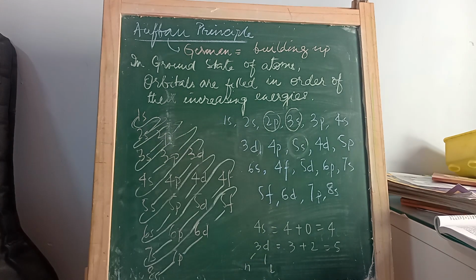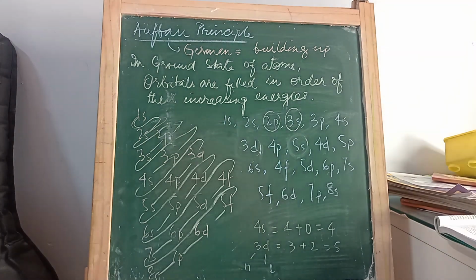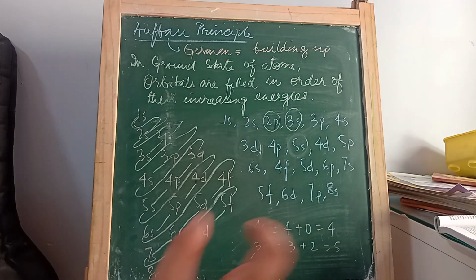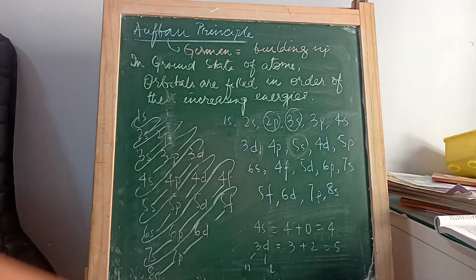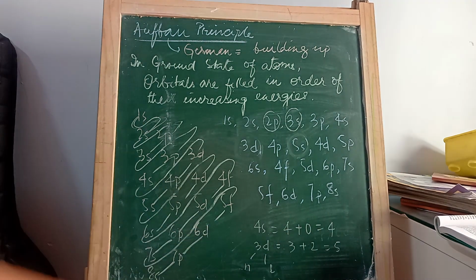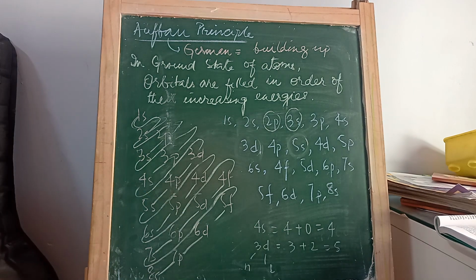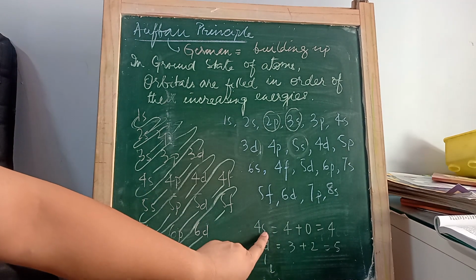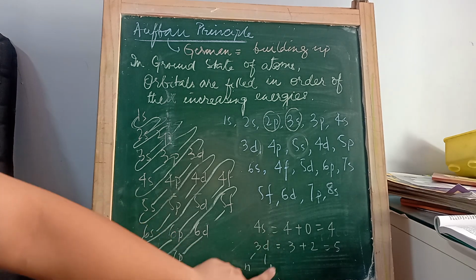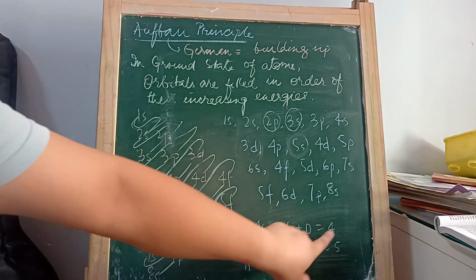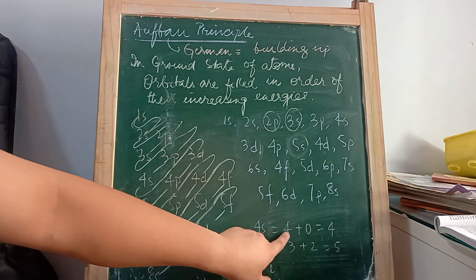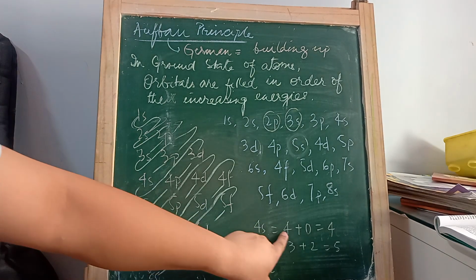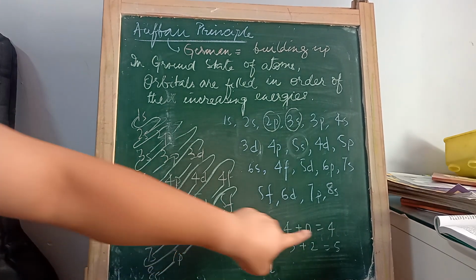And what is the simple rule behind this? The simple rule is that you need to find the sum of the values of n and l. In the case of 4s, the value of n is 4 and the value of l is 0, since s means l equals 0. So 4 plus 0 is 4. That means the sum of n plus l for this orbital is 4.